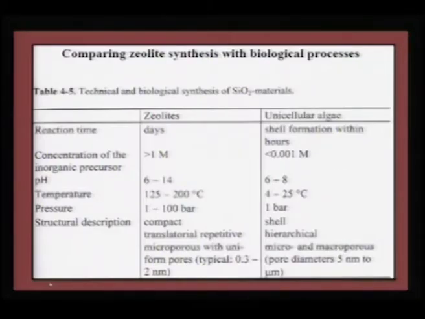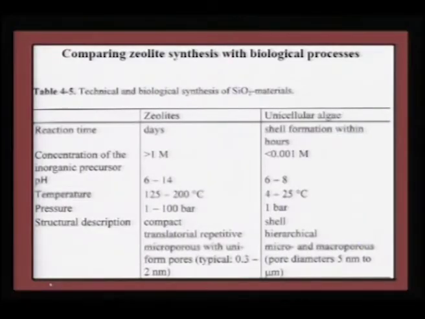Comparing zeolite synthesis with biological processes, we should understand how blessed we are with mother nature, because we tend to realize sophisticated cage structures of aluminosilicates using the hydrothermal process, but a simple comparison with how this can be easily done biologically will give us some clue what the biological process means in material synthesis.